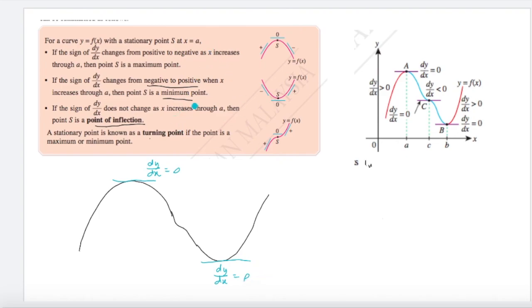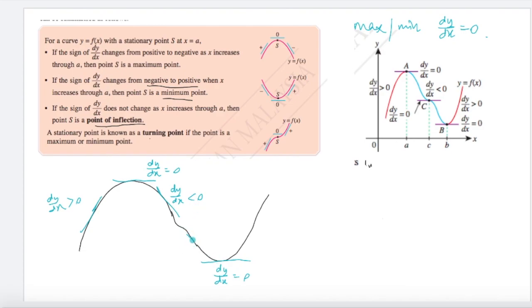Remember this: maximum or minimum, dy dx equals 0. Second, going up is positive dy dx, going down is negative; going from up to down will be a maximum point.